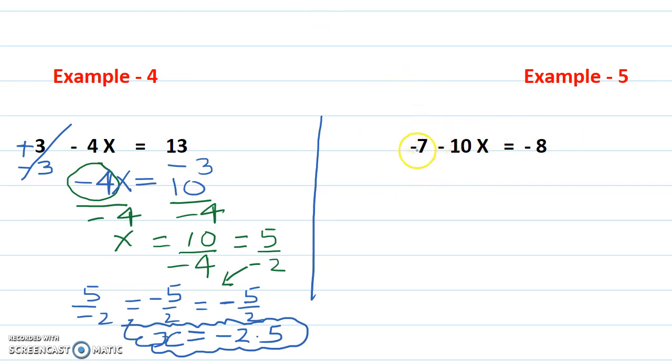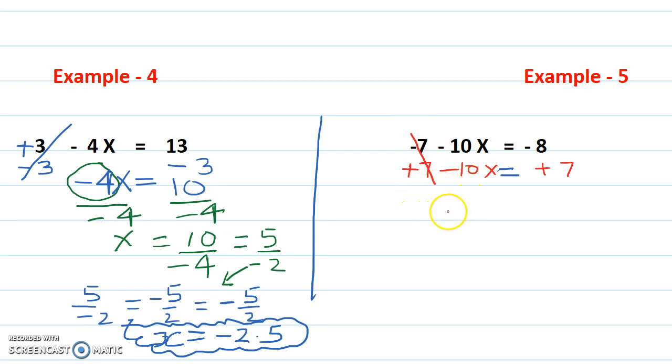Similarly, let's go for this question. First of all, equal sign underneath equal sign. We have done that. Now minus 7. So let's put the opposite sign, that is plus 7. This is minus 10x and it is plus 7 both sides. So minus 7 plus 7 is cancelled out. What is left here?